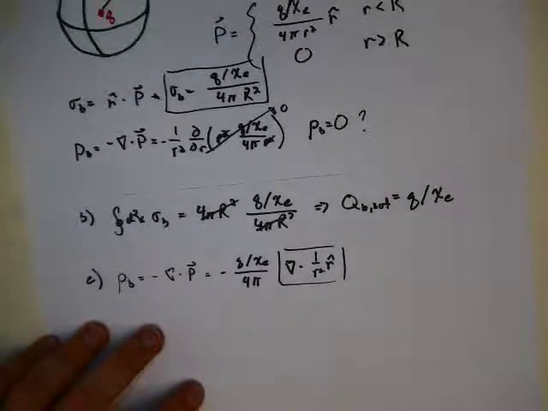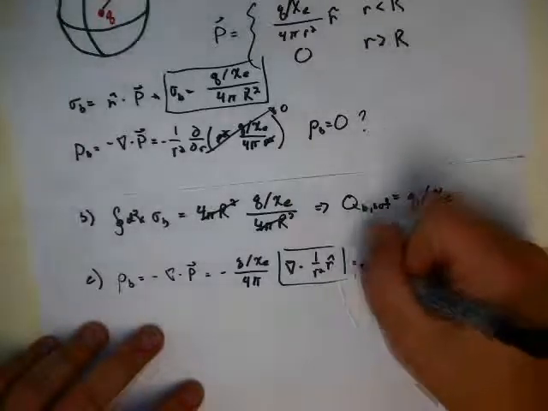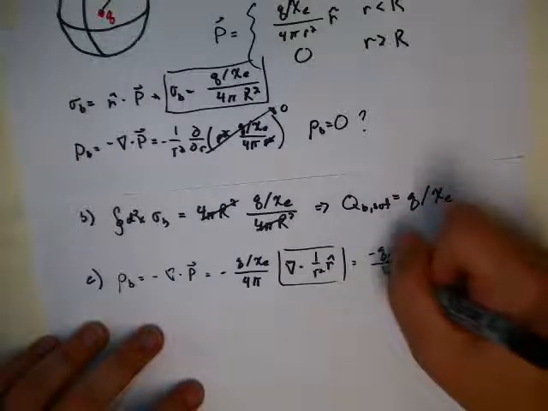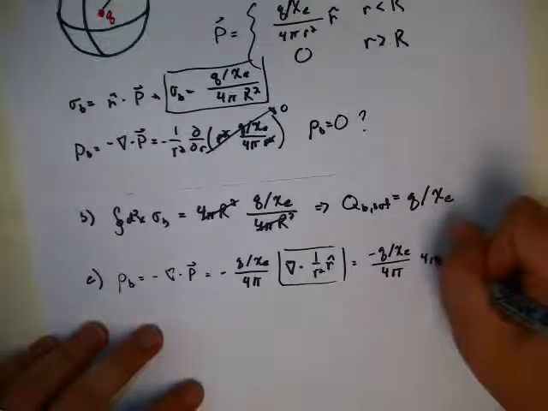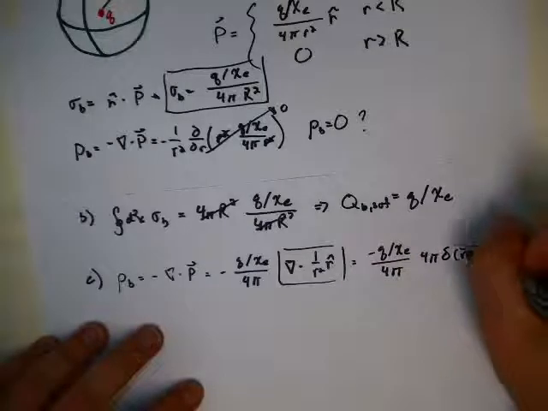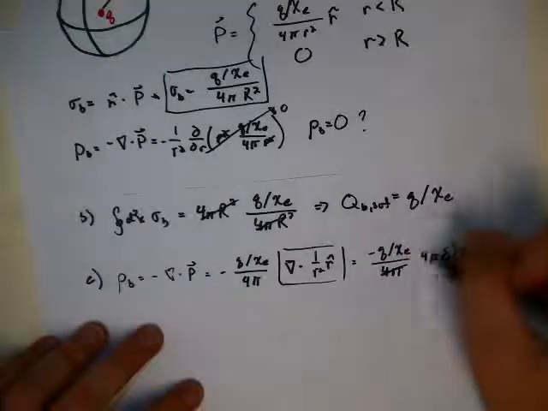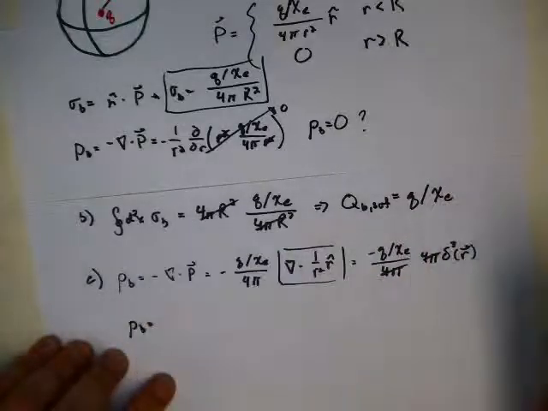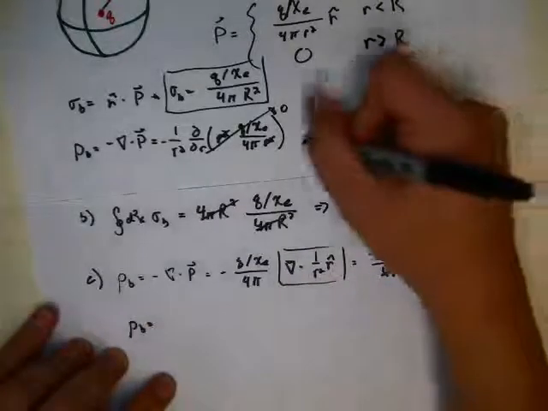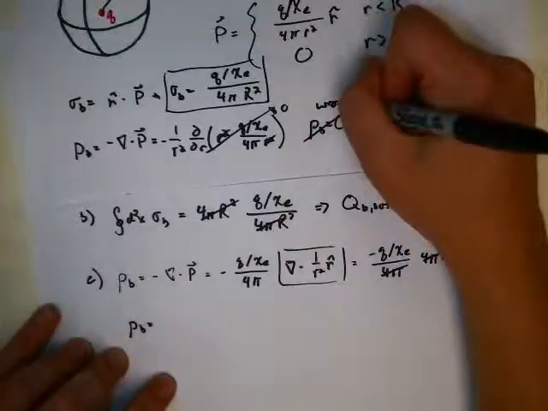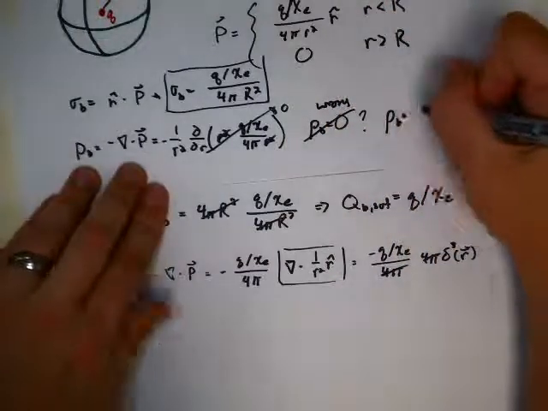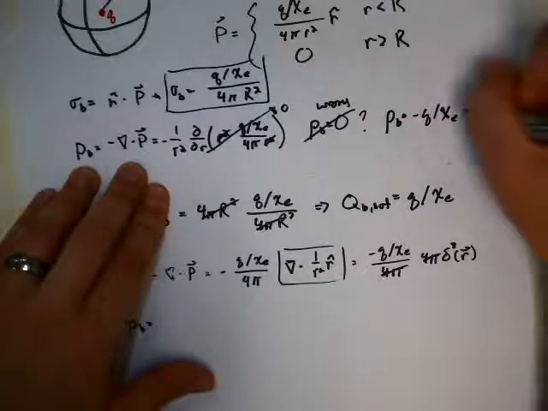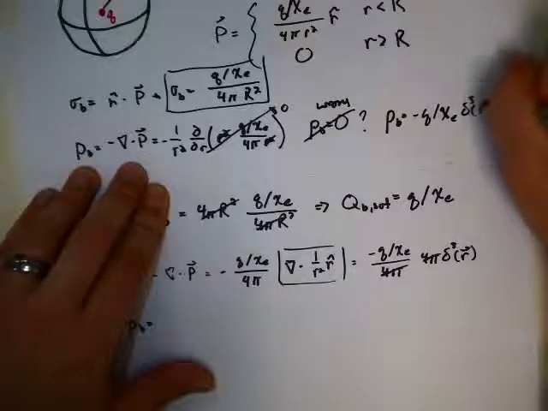It's 4 pi times a delta function. So this is minus Q chi e over 1 plus chi e over 4 pi, and then I have 4 pi times a three-dimensional delta function at r. The 4 pi's cancel, and this says that my bound charge is not quite 0. So this is wrong. My bound charge density is minus Q chi e over 1 plus chi e times a three-dimensional delta function at the origin.